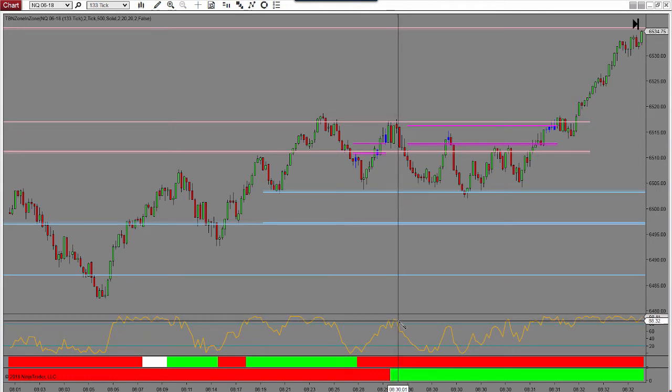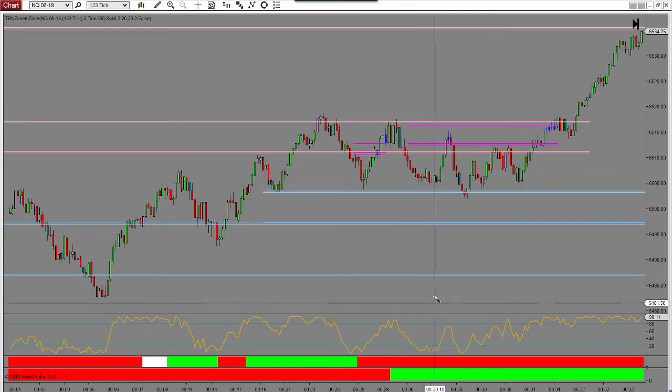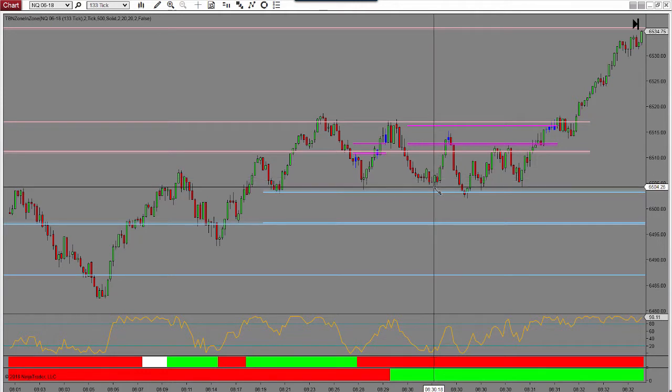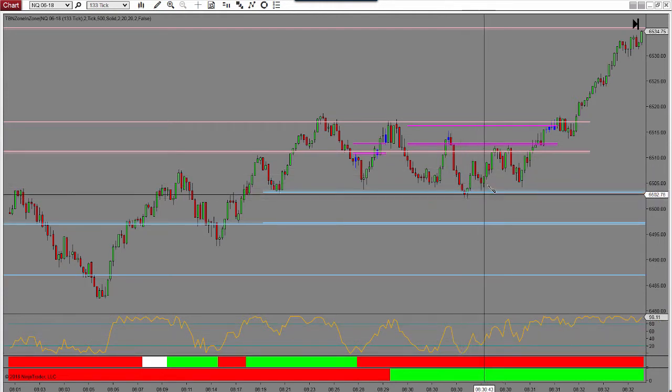Okay, now as we move lower, I do not have divergence through here. Well, actually I do, but I'm not inside the buy zone. Then we come into this area, and I'm not oversold, so no trade. Come down here, and we do have divergence right here. So it's at this point that I would take a trade.